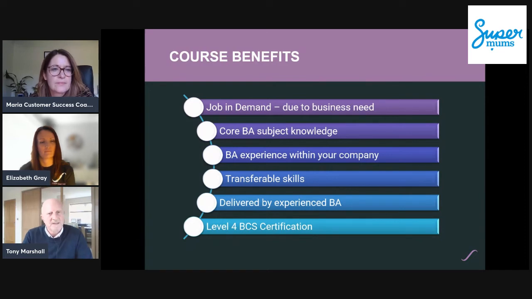To give you an idea, if you went to a college or wanted to fund this qualification yourself, the actual cost would be £18,000. By doing it via this scheme, it's really cost effective. You don't have to take the loan yourself. Your employer, while you're working, pays for you to study during your normal working hours, as Elizabeth mentioned earlier, so that's up to 6 hours per week.